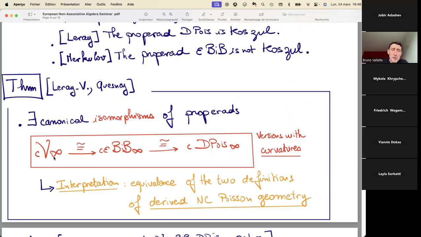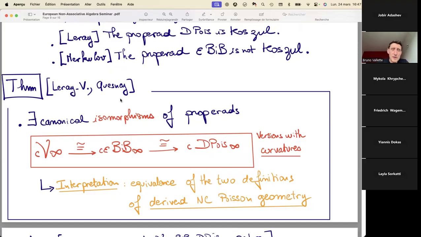Okay, but the bright point is that here, when you have curved pre-Calabi-Yau algebras, and you look at it, it is some Maurer-Cartan element in some higher Hochschild complex. So this gives you one version of derived non-commutative geometry. And this is another way to produce derived non-commutative geometry. And this statement, with Johan, we proved this is isomorphic to that.